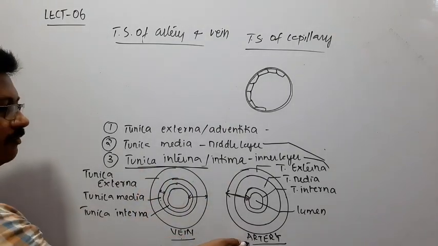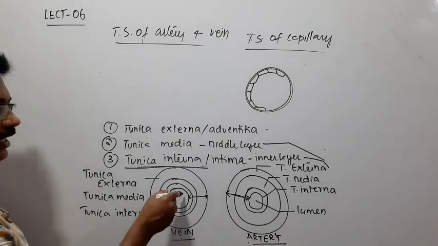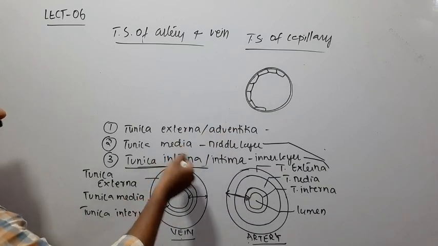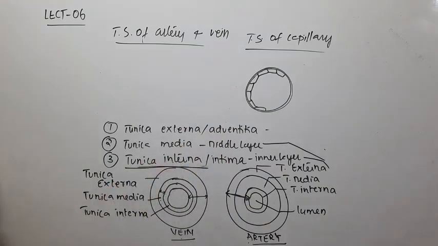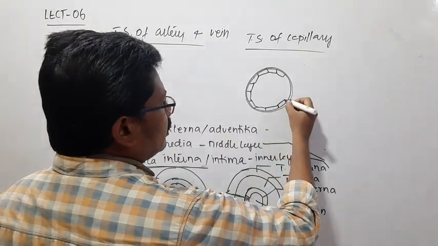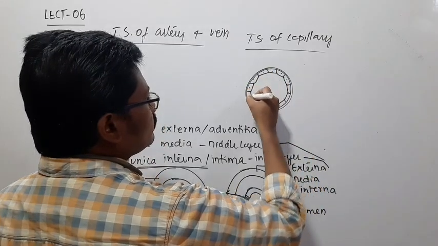Artery and vein will also have this endothelium, that is the innermost layer. In the case of the capillary, you don't find the externa and media. There is only the inner layer, that is endothelium. Only one layer of squamous endothelium is present.